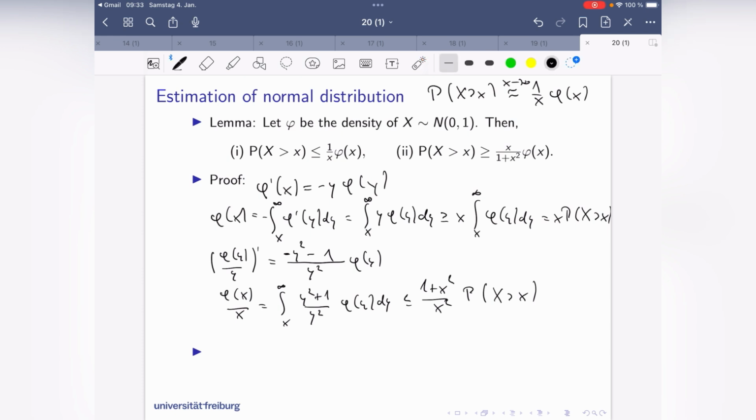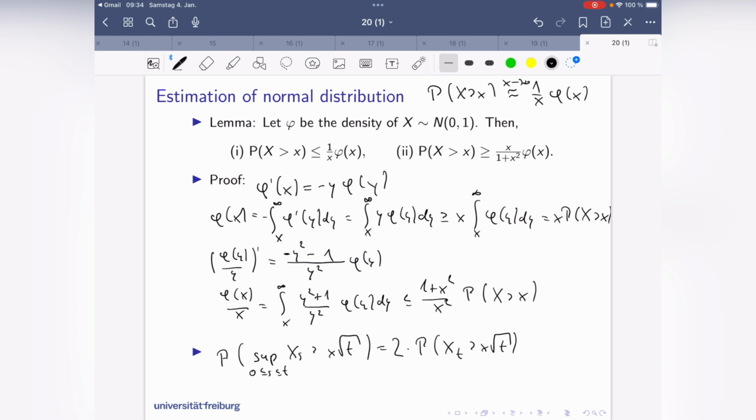And what we will also need is the following. And here, please recall what we had last time. We had that the supremum of Brownian motion is distributed as the absolute value, and we know the density. And the density is 2 times the density of Brownian motion itself on the positive side. So this here is the same as the probability that X_t is bigger than x squared of t.